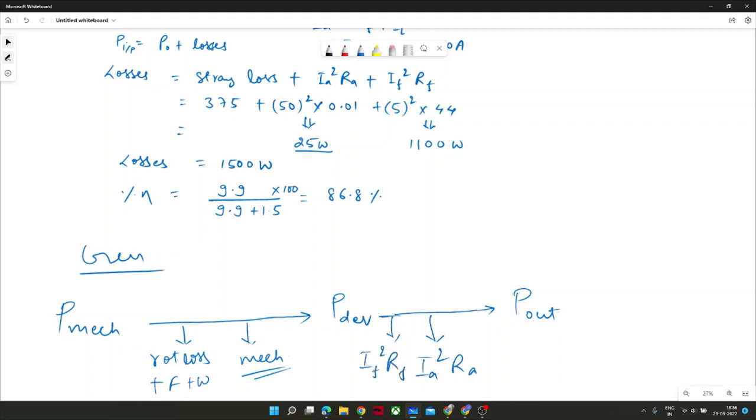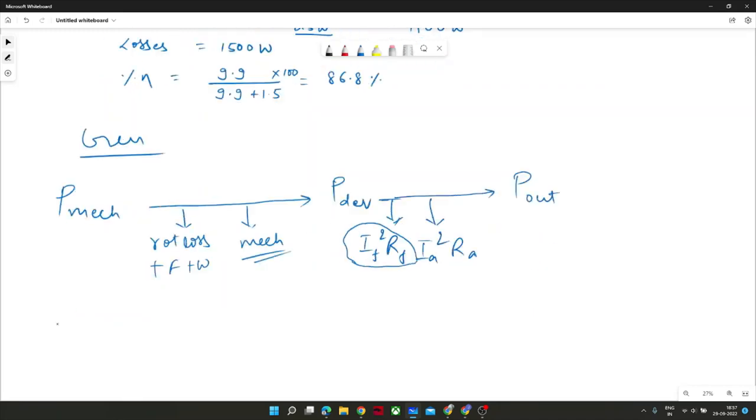Otherwise, if it were a separately excited motor or generator, then this term IF square RF would not be counted. So you should count this very carefully. It is self-excited, that's why we are counting it in the power flow diagram. Otherwise, if the field is excited separately, this goes straight to the output.